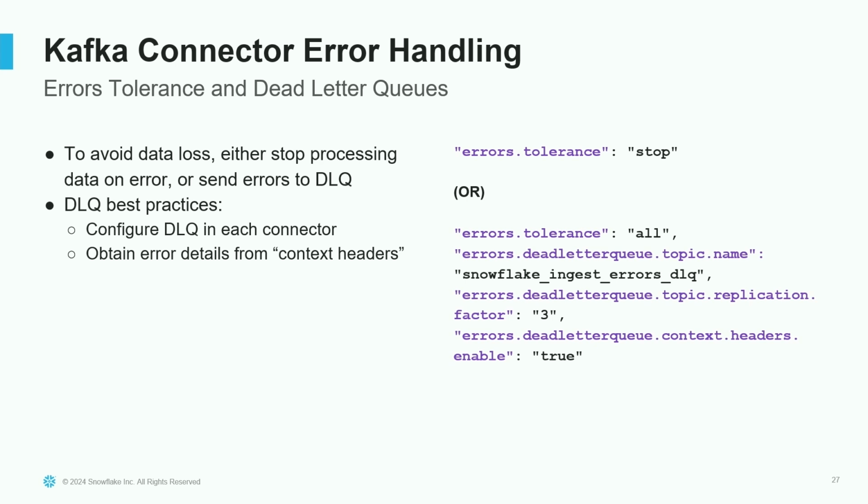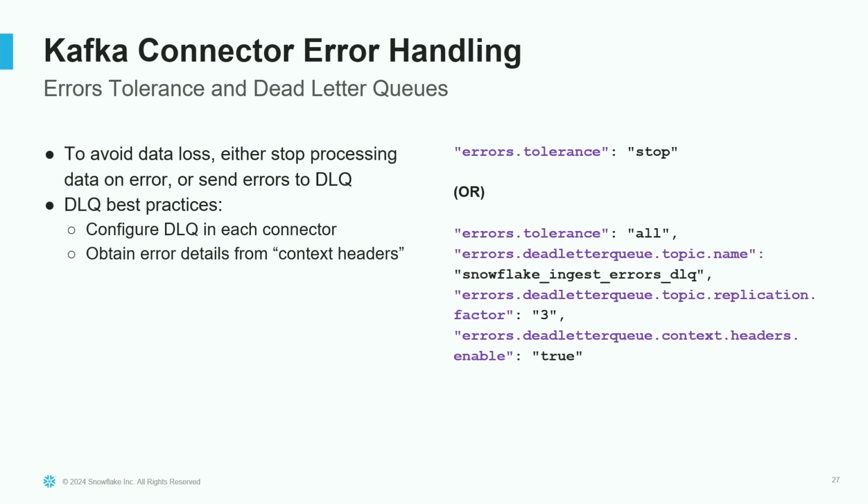You probably want to configure a dead letter queue. You'd want to make a dead letter queue for each specific Snowflake connector if you have more than one. That requires its own topic. Then you can turn on something called context headers when you configure your dead letter queue, which adds a lot of additional metadata that shows you why it failed.